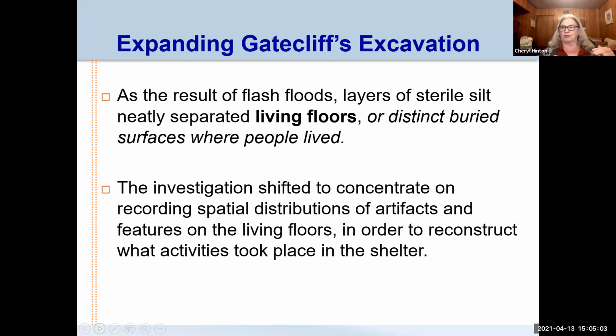These living floors are the distinct areas in which people lived. The investigation shifted to concentrate on recording the spatial distribution of artifacts, those features and artifacts that were on that living floor, to help better understand that time period. And instead of continuing to dig down, let's plot out everything we've got on this huge living floor. So that's one way an excavation can proceed: to go horizontally rather than down.